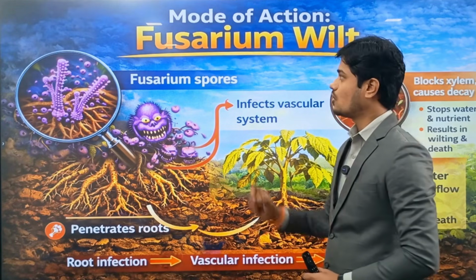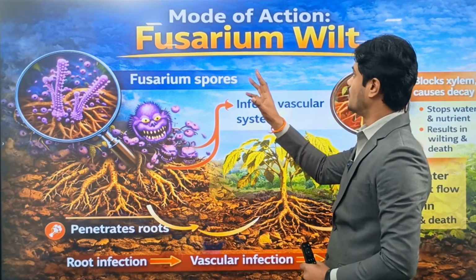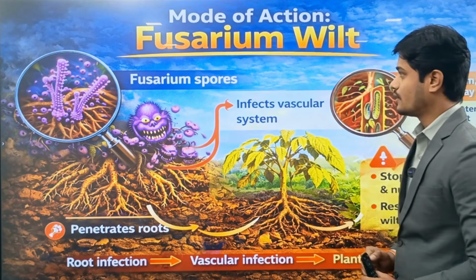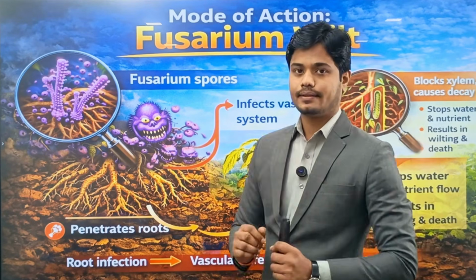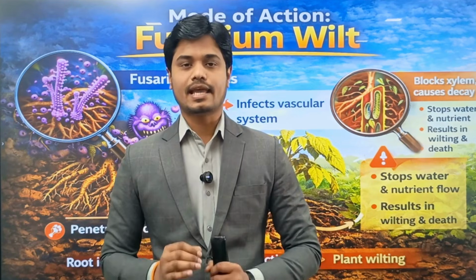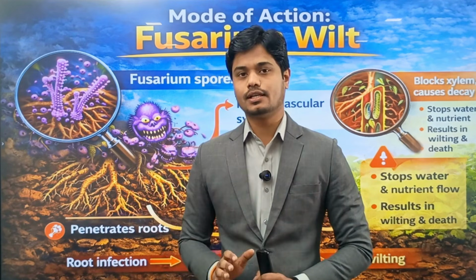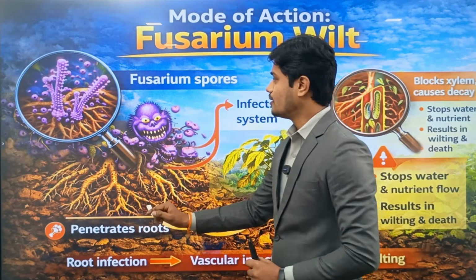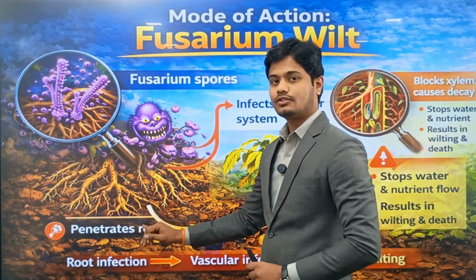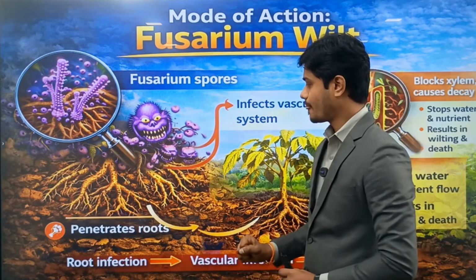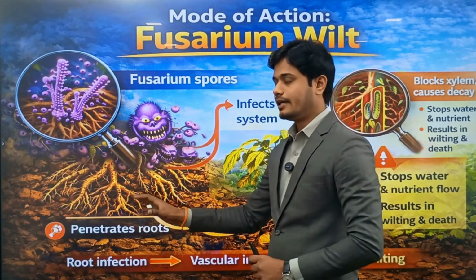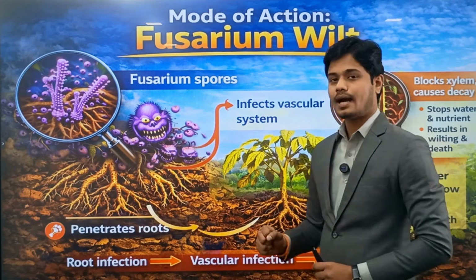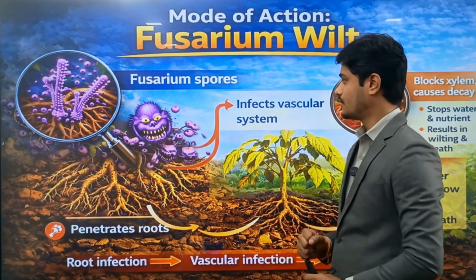Now we will understand its mode of action. As we understand, Fusarium wilt lives in the soil, so it first attacks the soil. After that, it spreads to the plant through xylem vessels.